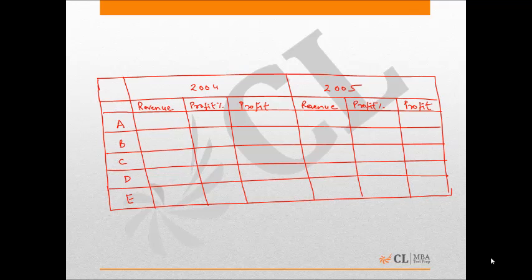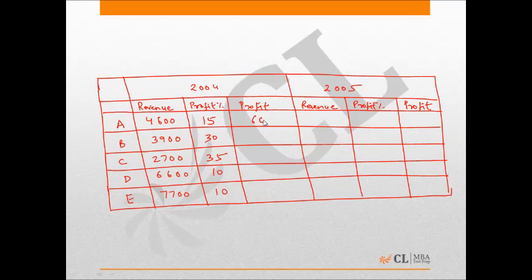So if I use the data from the data set, what I can fill is the revenue for A would be 4600 in 2004, B would be 3900, C would be 2700, D would be 6600, E would be 7700, and the profit percentage would be 15, 30, 35, 10, 10.